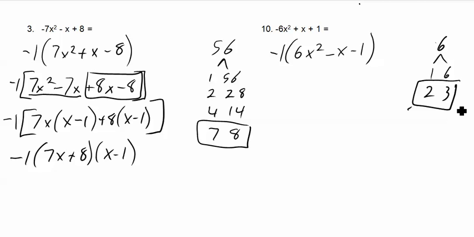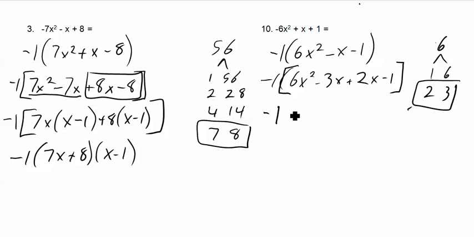So we're going to use those. So we're going to use 2x and 3x, but we need it to be negative. So we're going to use negative 3x and positive 2x. And again, I'm going to change these to brackets because I need parentheses inside.